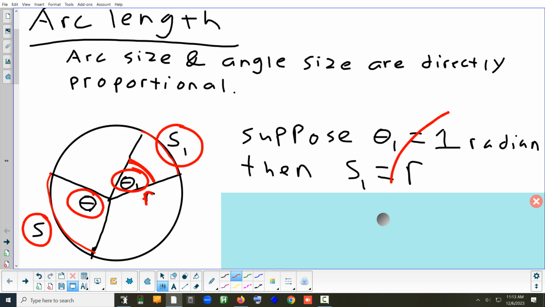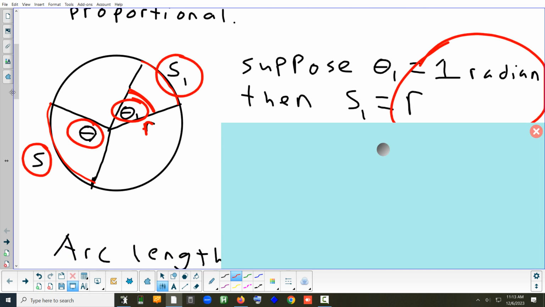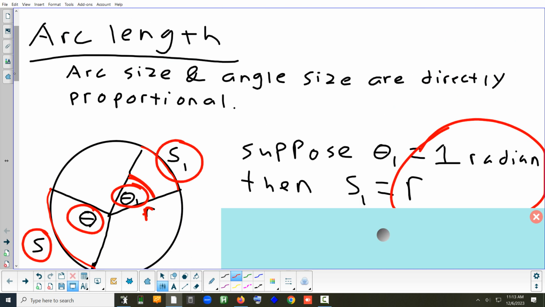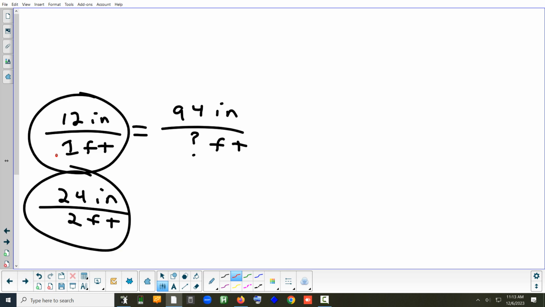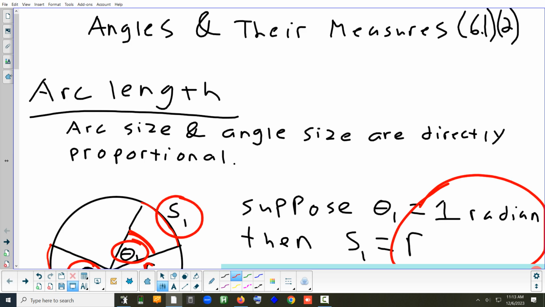Okay, so this part right here, that's like my 1 foot is 12 inches. It's a starting point. Now, I don't have to use 1 radian and radius, just like I don't have to use 1 foot and 12 inches. I could use 2 feet and 24 inches. But I'm trying to use the simplest fact I can think of that I know is true.